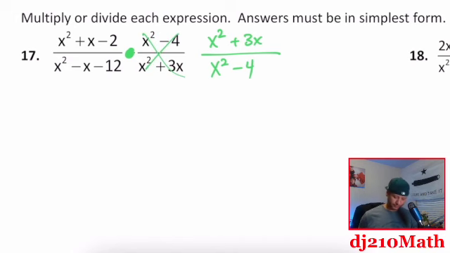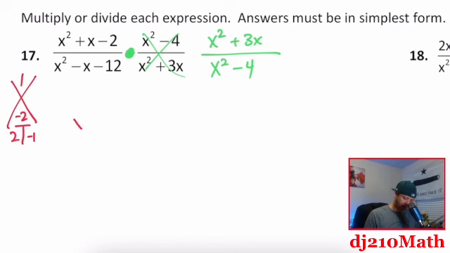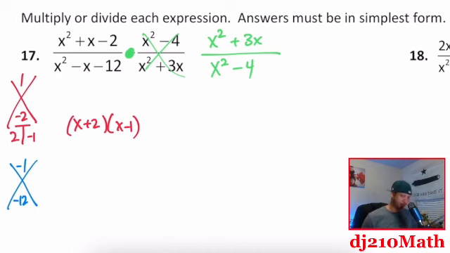Okay, so if we factor the top left, two numbers that multiply to make -2 that add up to 1. So this is going to be 2 and -1. So on top, we have x plus 2, x minus 1. On the bottom, we have two numbers that multiply to make -12 that add up to -1.